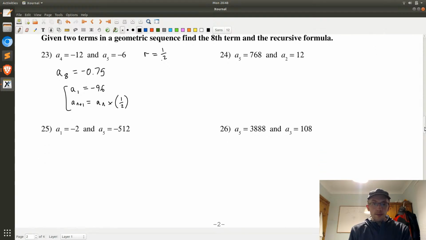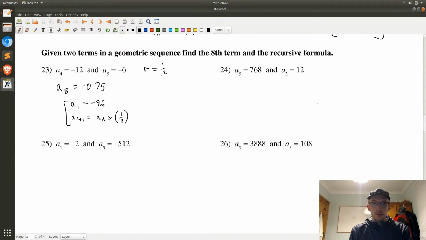Here, the 5th term is 768 and the second term is 12. So we have a gap for term 3, a gap for term 4, and 768 for term 5. And guess what?